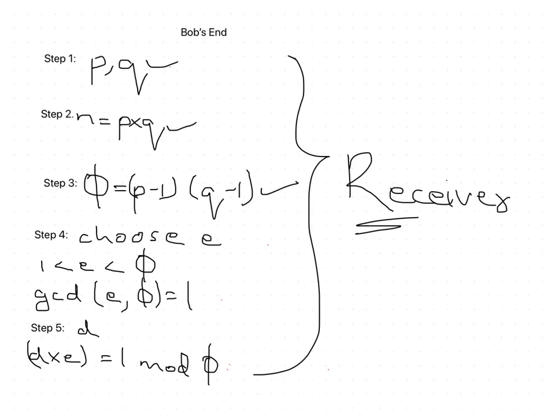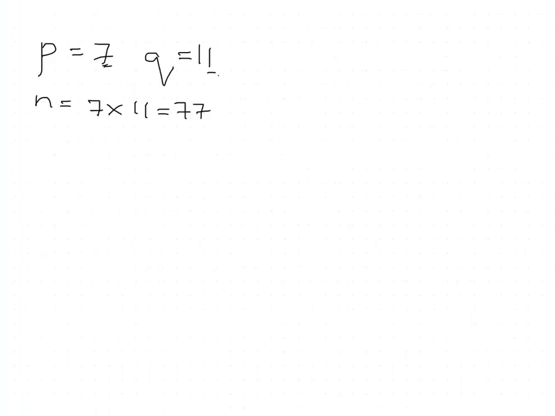Now I need to calculate phi. So phi is equivalent to P minus 1, which is 6, into Q minus 1, which is 10.